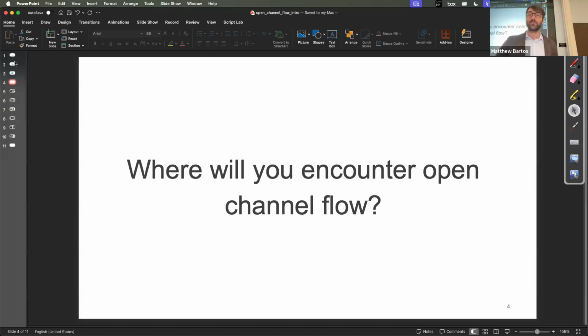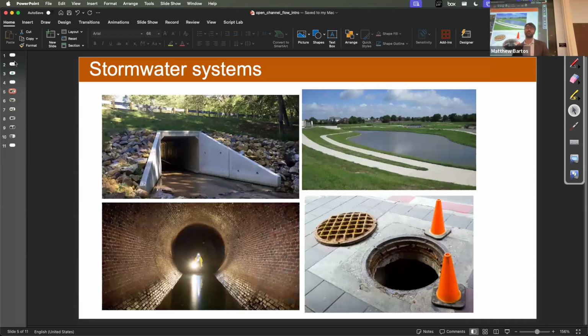So why do you need to know about open channel flow and where are you going to encounter it? Probably the place that most of you are going to encounter open channel flow as a civil engineer is in the design of stormwater systems or urban drainage systems. So regardless of what specialization you are focusing on as a civil engineer, whether it's transportation, structures, geotech, at some point you will encounter drainage as an issue in your design project.